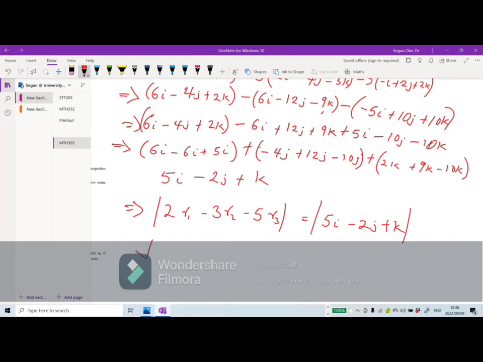So when you do it very well, you have 5 squared plus negative 2 squared plus 1 squared, square root of 30.